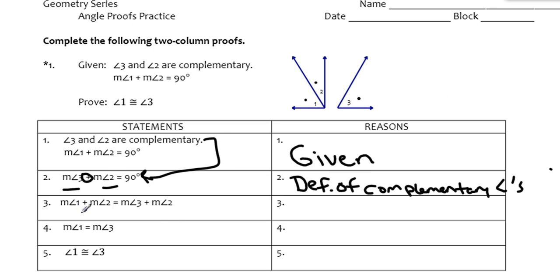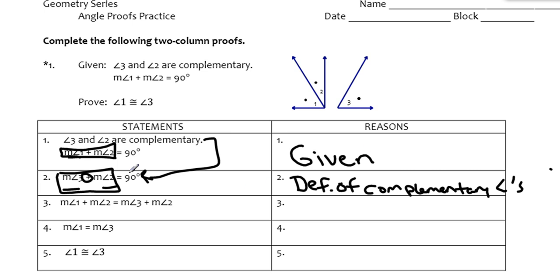Okay, the next line we say that measure of angle 1 plus measure of angle 2 equals the measure of angle 3 plus the measure of angle 2. Well, it kind of looks like angle addition, but angle addition would be that angle 1 and angle 2 equal this whole big angle, and that's not what we have. We have angle 1 and angle 2 equals 3 and 2. Because these sets of angles are 90 degrees and these sets of angles are 90 degrees, we can say that they are congruent.